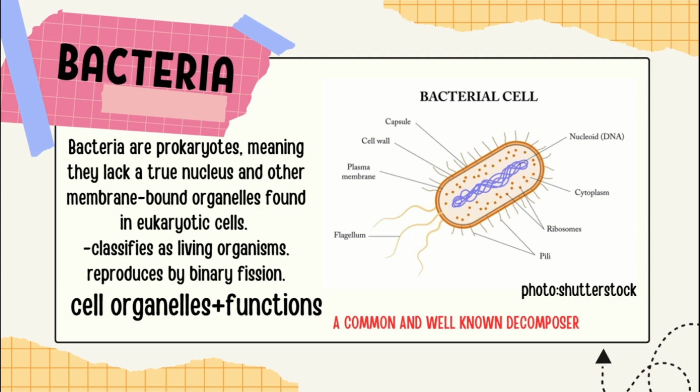So the plasma membrane is the cell membrane, and it controls what moves in and out of the cell. Same thing. Then our cell wall: bacterial cells have a cell wall made up of peptidoglycan. That's actually a polysaccharide, right?